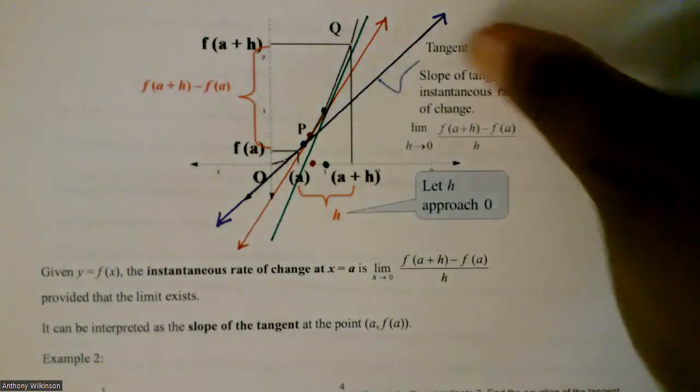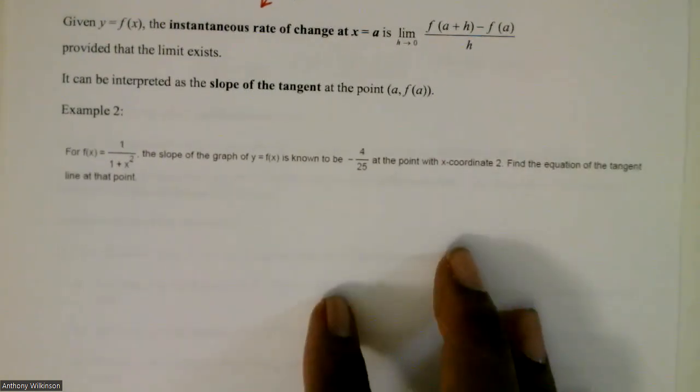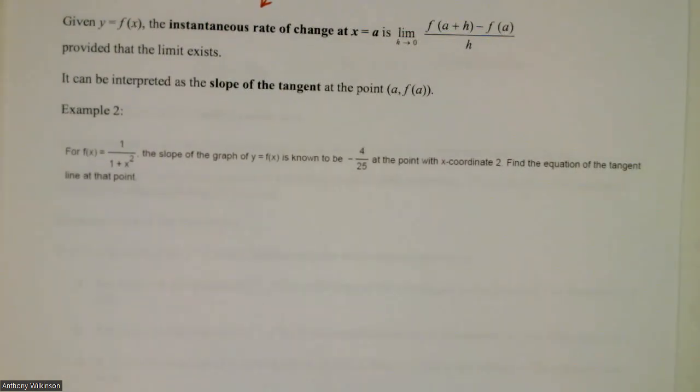All right, so here's an example. It says here, for f of x equal to 1 divided by 1 plus x squared, the slope of the graph of y equal f of x is known to be negative 4/25 at the point with the x coordinate of 2. Find the equation of the tangent line at that point.